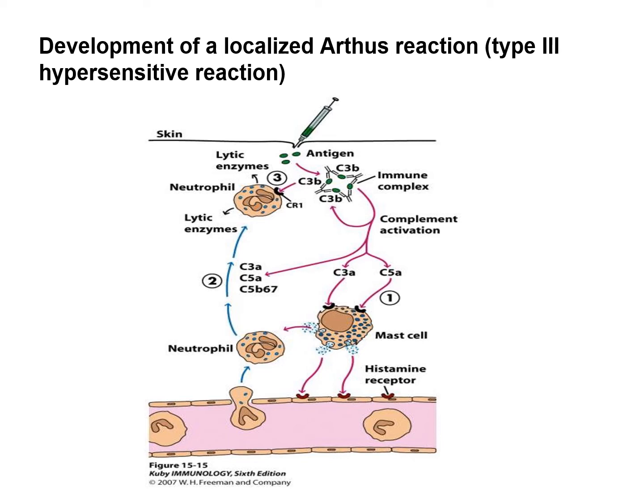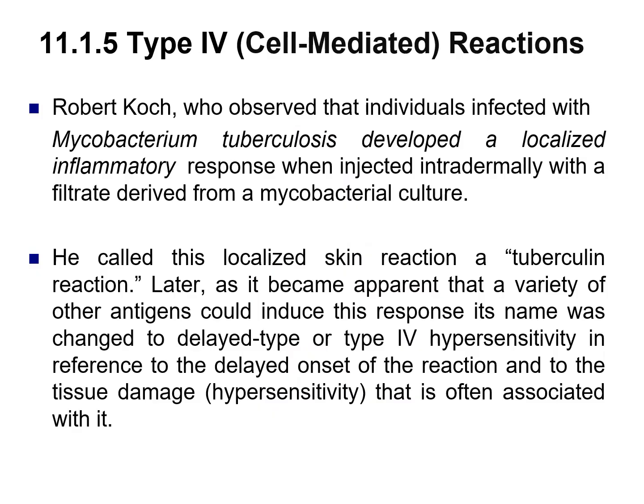So this complement can trigger mast cells to release their components, and this can cause the allergic reaction. For example, if it targets the blood vessel wall, there will be increased vascular permeability and migration of the blood cells.